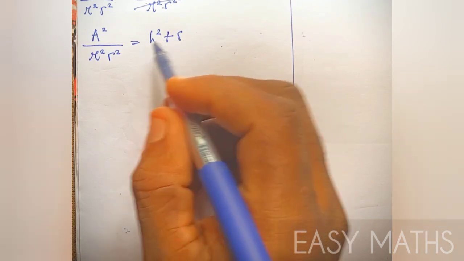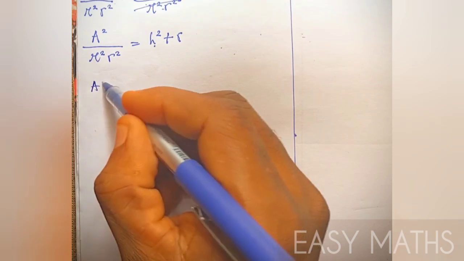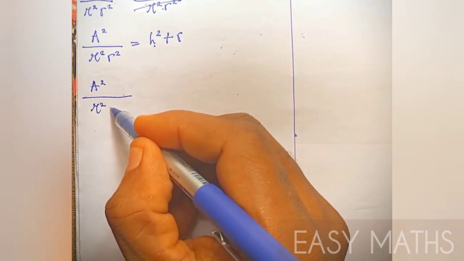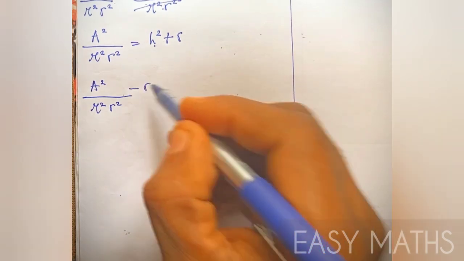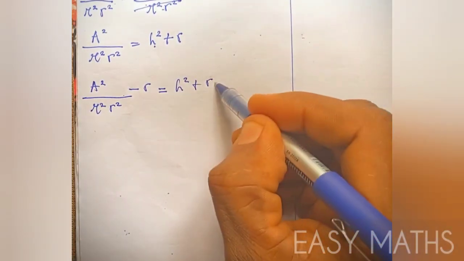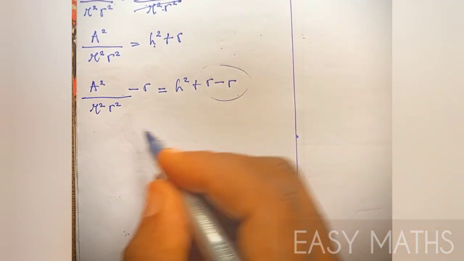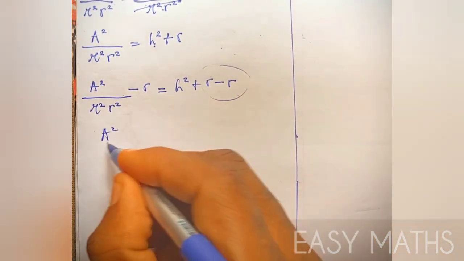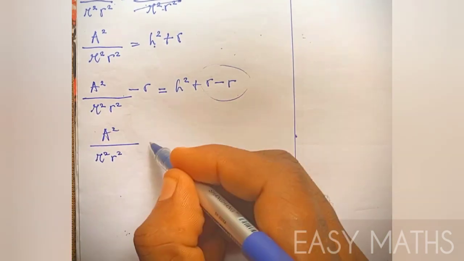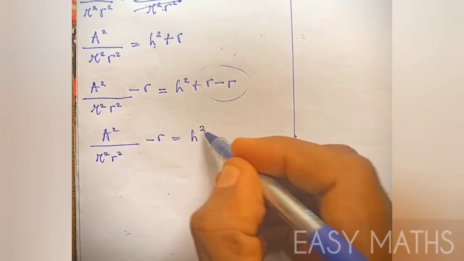We are going to subtract r from both sides, so a squared all over pi squared r squared minus r equals to h squared plus r minus r. Of course, r minus r will give you 0, so we have a squared all over pi squared r squared minus r equals to h squared.